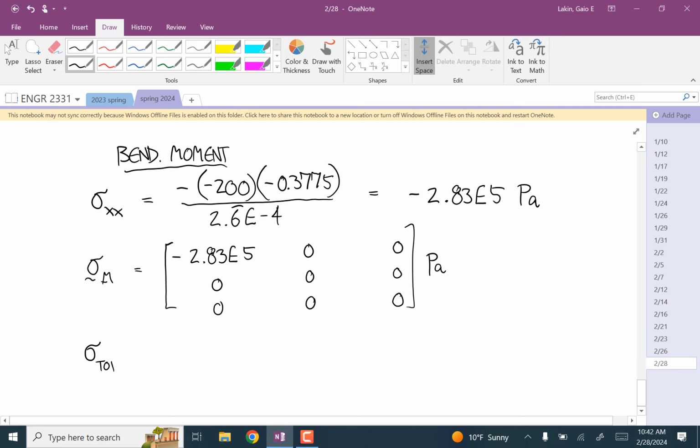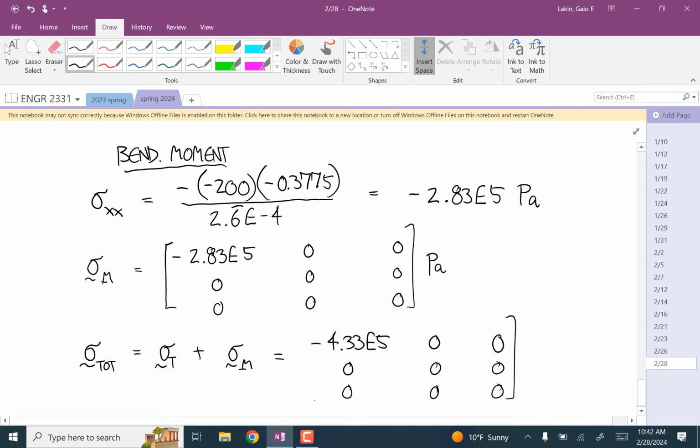And so the total stress tensor is the one for tension plus the one for bending moment. And that is negative 4.33 times 10 to the fifth, 0, 0, and 0 is everywhere else. Okay.